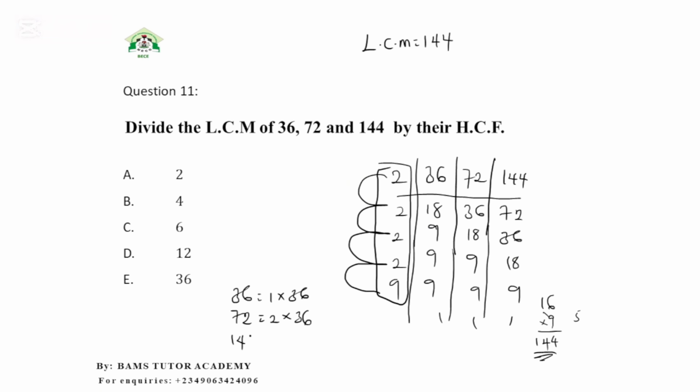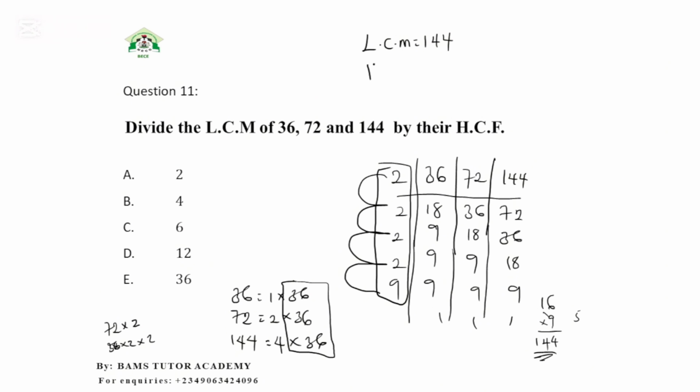Then 144 is looking very easy, that 36 can actually go in this, because we know that 144 is basically 72 times 2, and this is actually 2 times 36 times 2. So here I can say this is 4 times 36. Can you see that now? So 36 is actually common to all of that. That is the highest common factor.